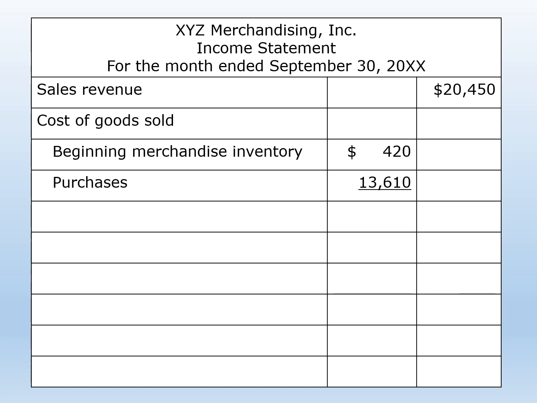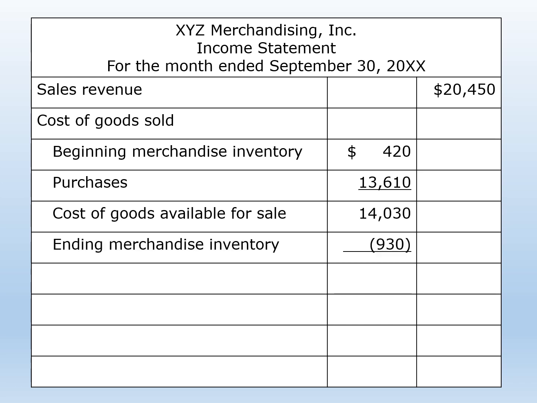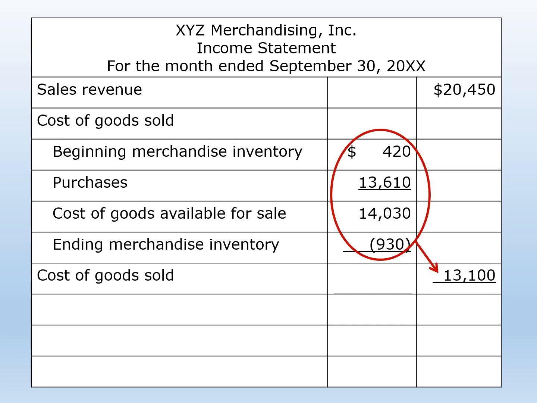And we know how much inventory the firm purchased during September. Altogether, that gives us the cost of goods available for sale. If we subtract out the $930 of merchandise ending balance that was given, that gives us the cost of goods sold.